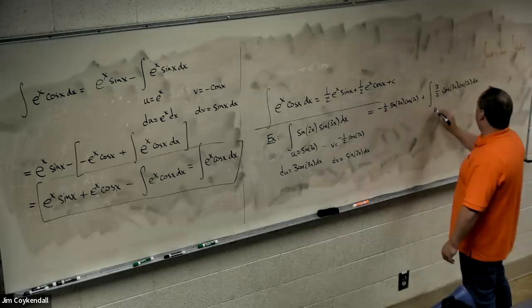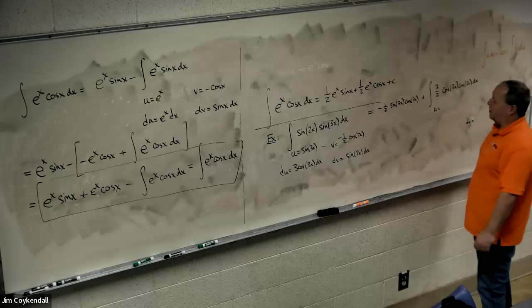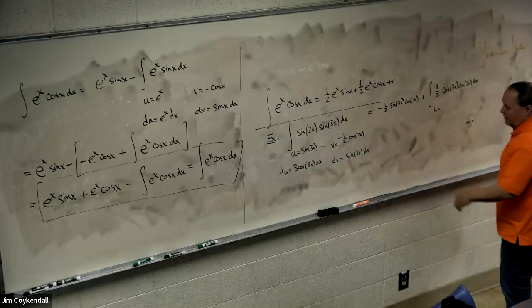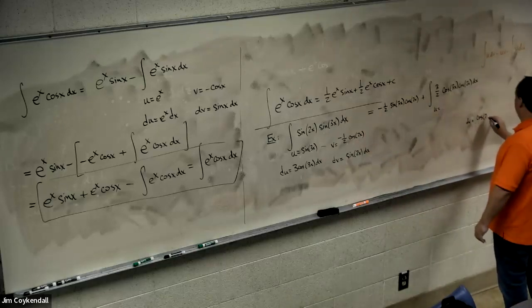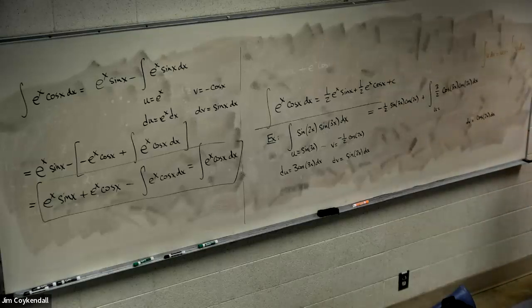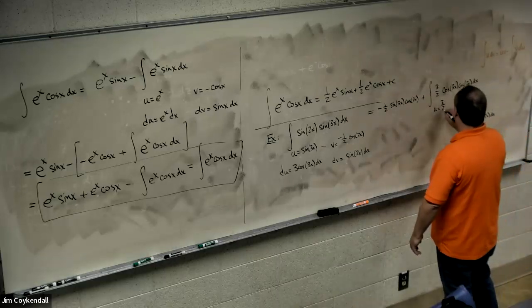So again, I've got to stick to my guns here. Well, what's the appropriate gun? It looks like I used the 2x for dv, so I'm going to use the 2x here. Right. So the other piece should be 3/2 of some 3x.